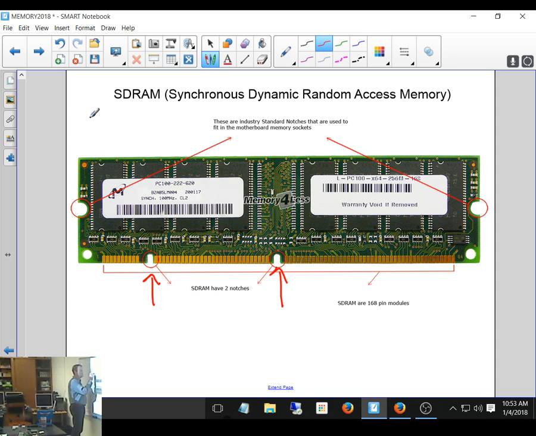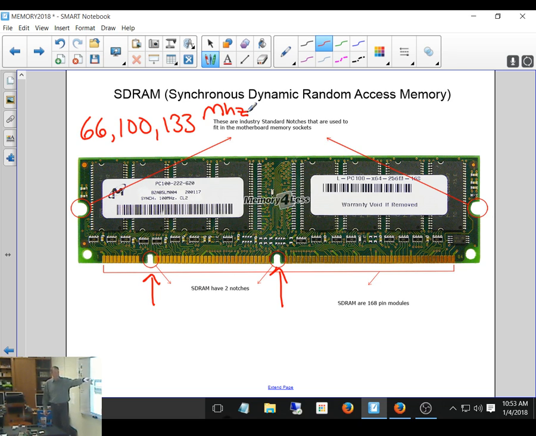Originally, SDRAM moved at 66 megahertz, 100 megahertz, and it got up to 133 megahertz. And you guys all know from doing your motherboard things, that is really slow compared with what you have today. You guys have motherboards that did 4,000 megahertz of memory speed, right?